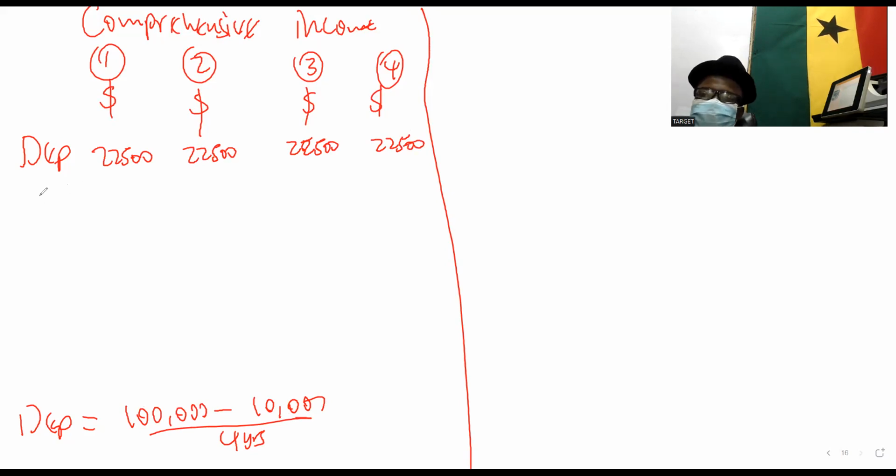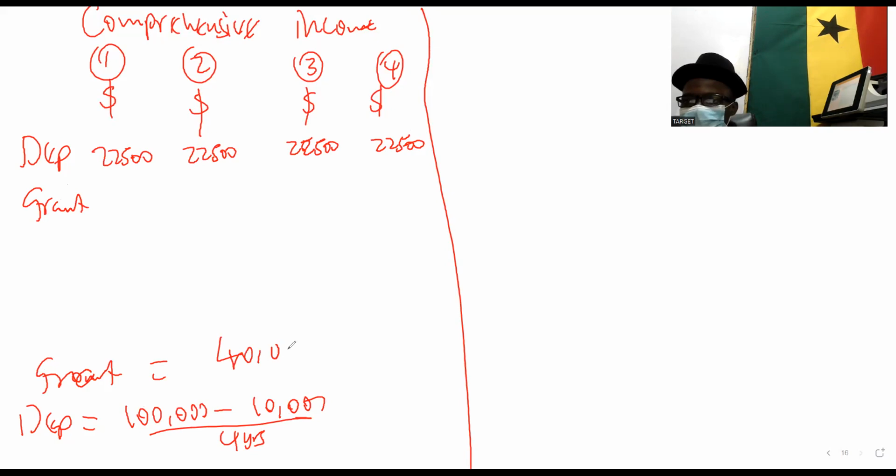Then you amortize the grant too as well. So amortization of grant. You divide the entire grant over the asset useful life. So what do you get? It will be 10,000 per year.